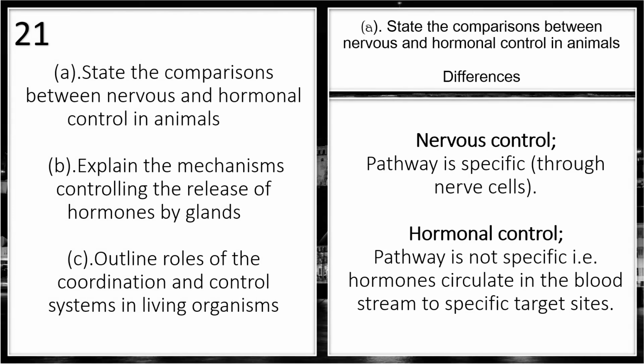Nervous control, the pathway is specific through nerve cells. Hormonal control, the pathway is not specific. That is, hormones circulate in the bloodstream to specific target sites.